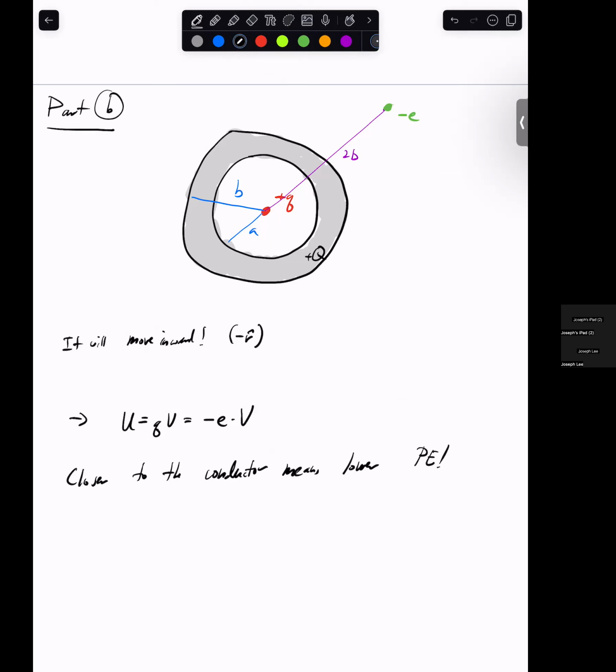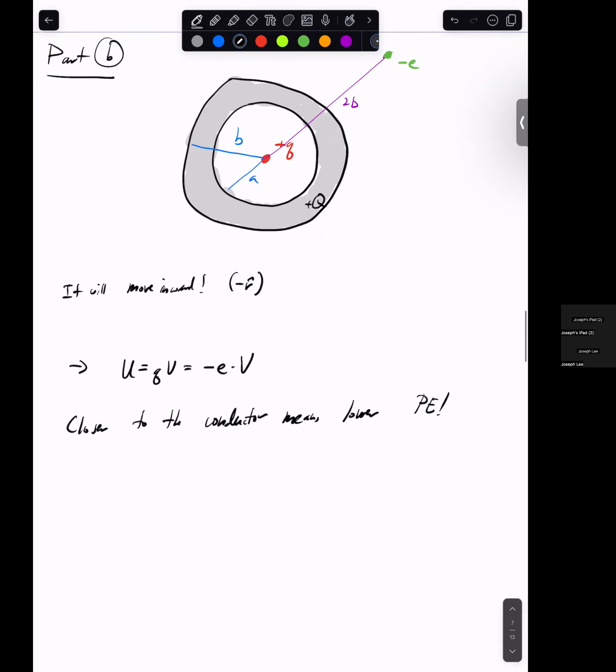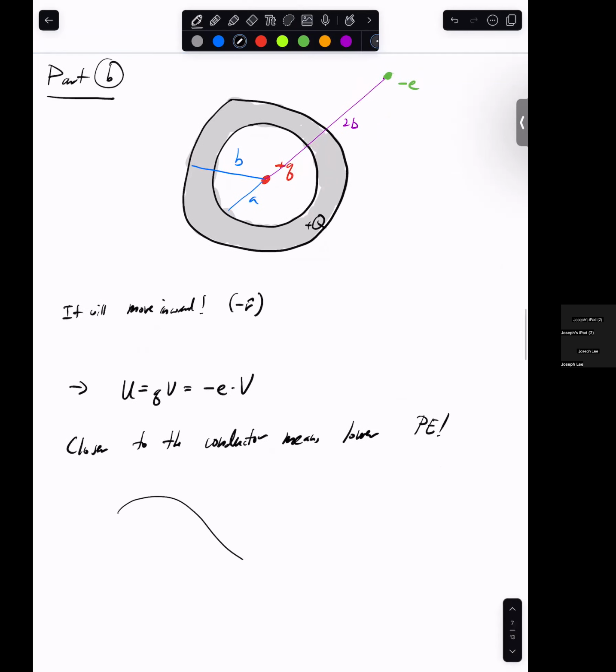And this is generally how objects tend to move. So maybe sort of the cartoon example, if this is our potential energy curve, and we have a ball up here, if we push it, it's going to want to move down the hill.